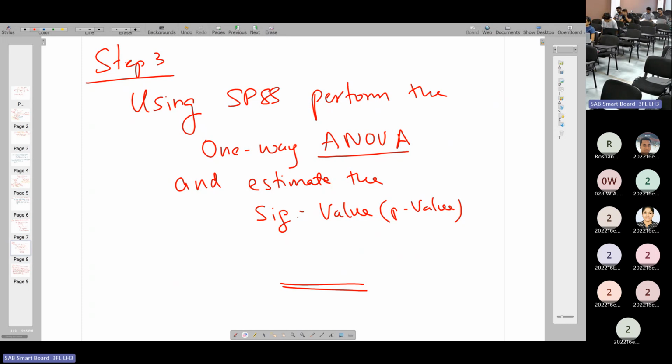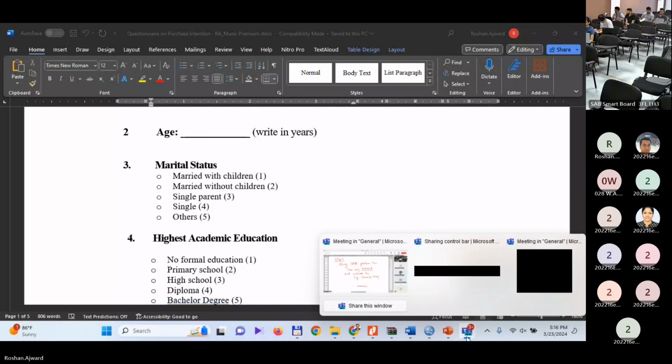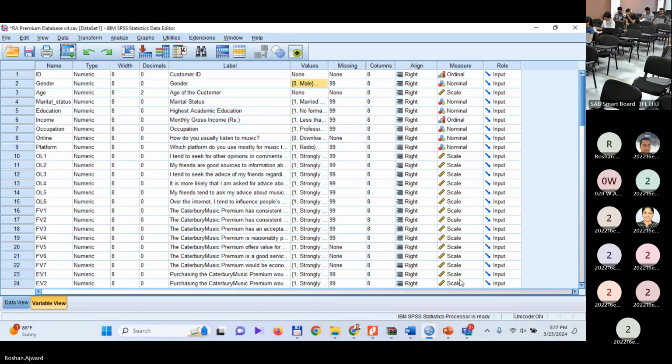So how to do the test? It's like this. You go again to SPSS, to the SPSS dataset.